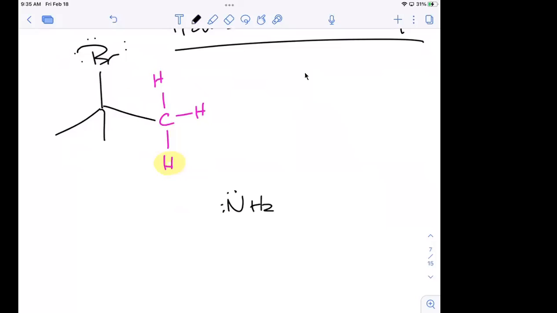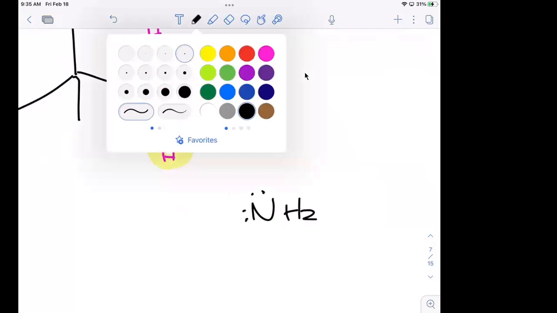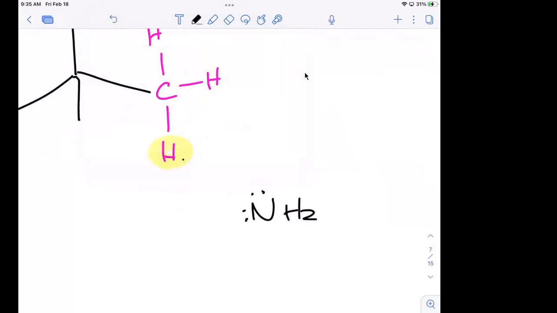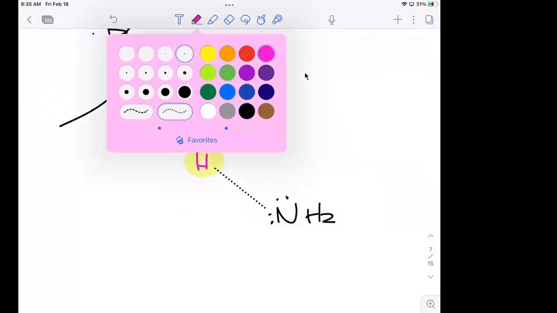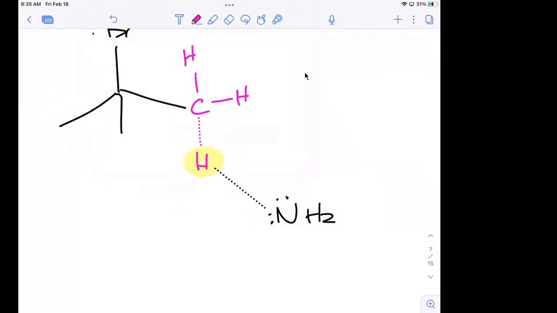So here with the proton transfer part, there's a partially formed bond between the N and H. There is a partially broken bond between the C and H. There's also a partially formed pi bond.